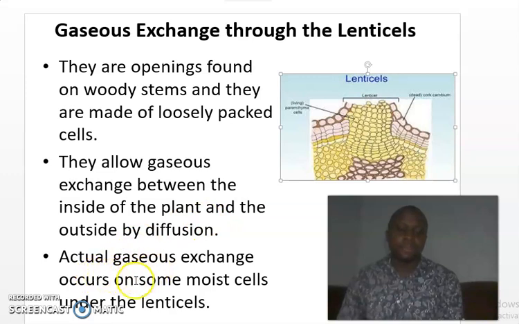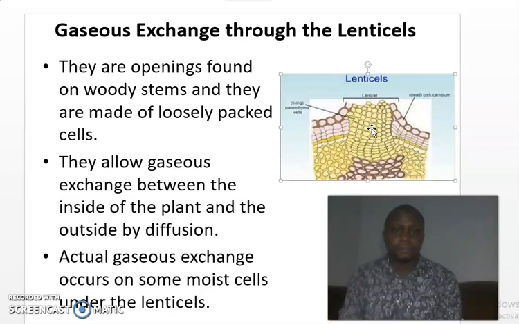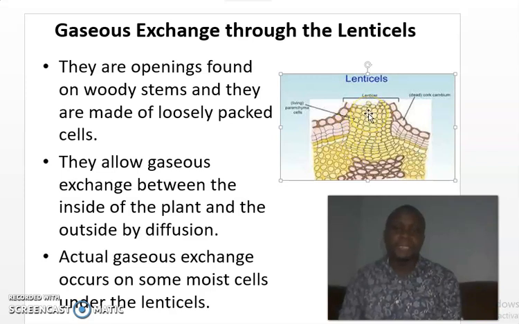The gaseous exchange occurs on some moist cells under the lenticels, the mechanism of which has already been discussed. So, what have you learned about lenticels? There are these openings on woody stems, beneath which there are loosely packed cells. This is where gaseous exchange occurs.